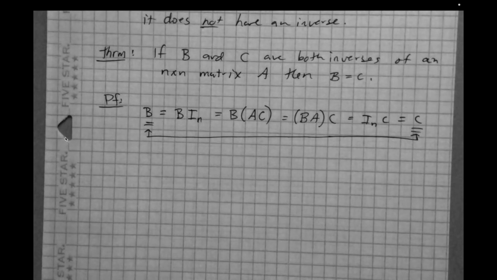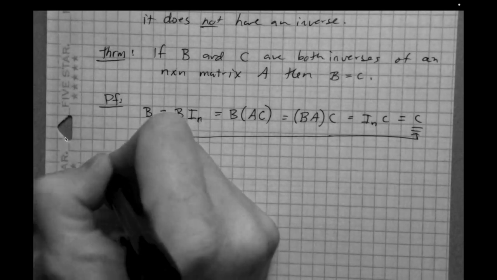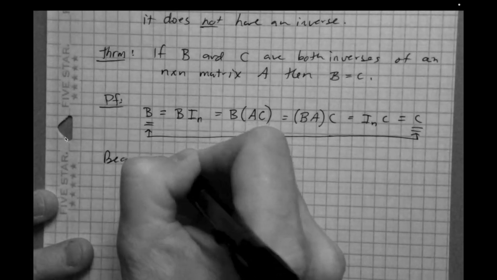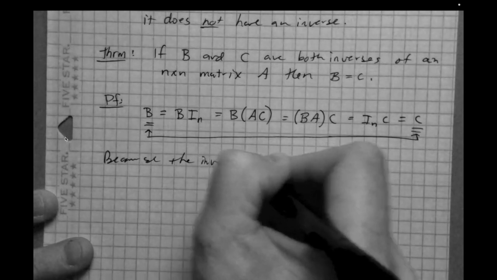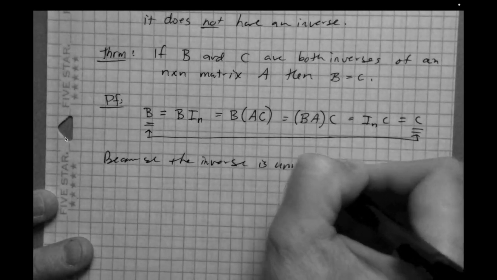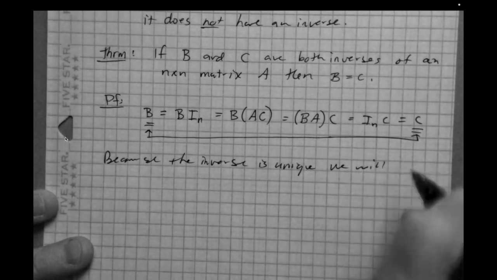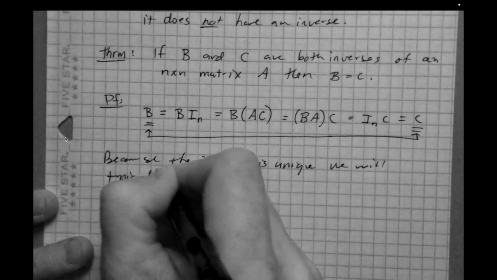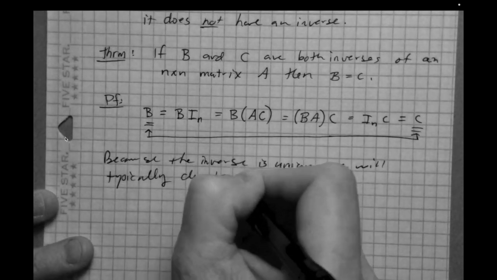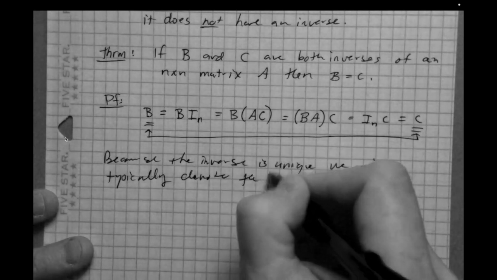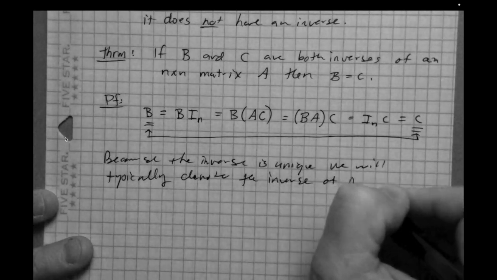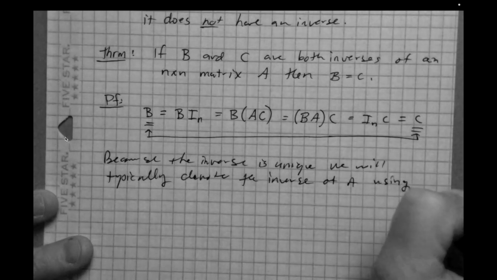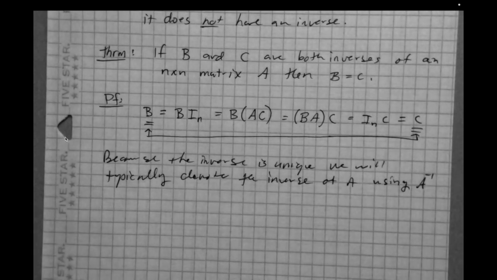Given that the matrix inverse is unique, because the inverse is unique, we will typically denote the inverse of A using A inverse, like that.